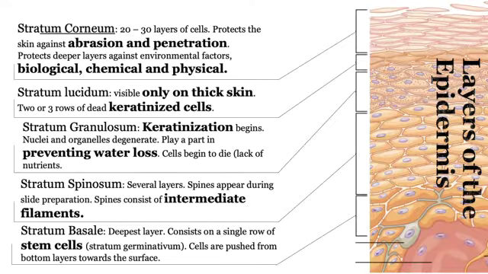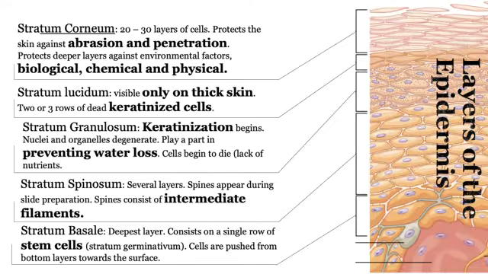This is just 2 or 3 rows of dead keratinized cells. It's just a layer, and because it looks different under the microscope, we give it a layer. Interesting to notice that both the stratum corneum and the stratum lucidum consist of dead cells. All these cells basically are little bags of keratin that serve as an insulator for the loss of water.